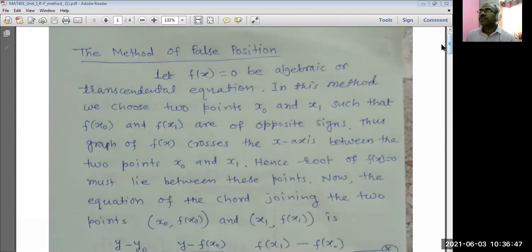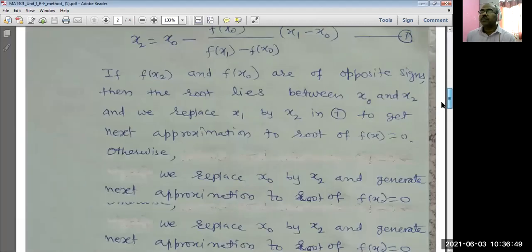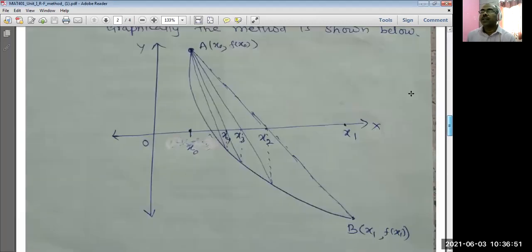See the graph. So what we have here? This curve is the graph of the function f(x).